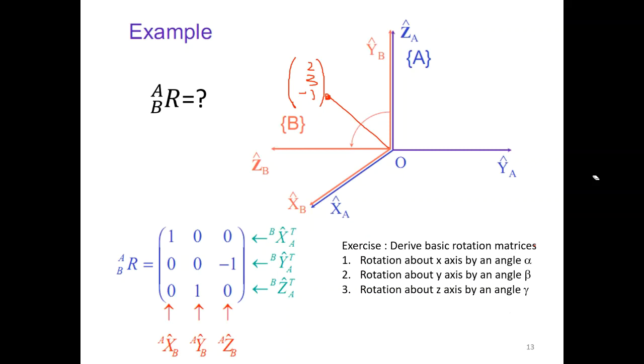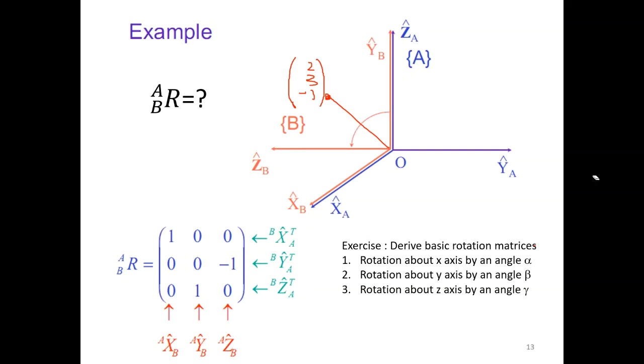If I ask you to figure out what sort of rotation this is, what sort of rotation is this? You can see the reference frame is blue, the relative frame is red. It looks to me, because the x axes are aligned, this is a simple rotation.